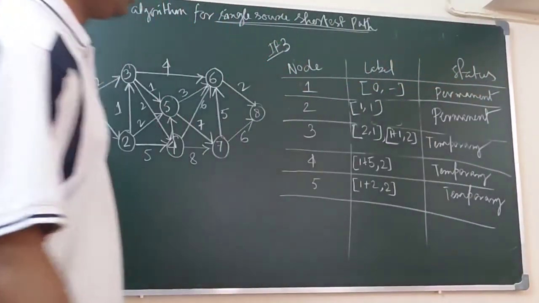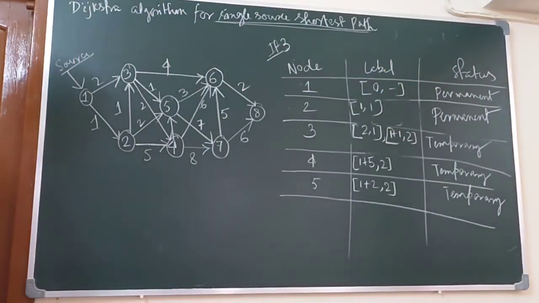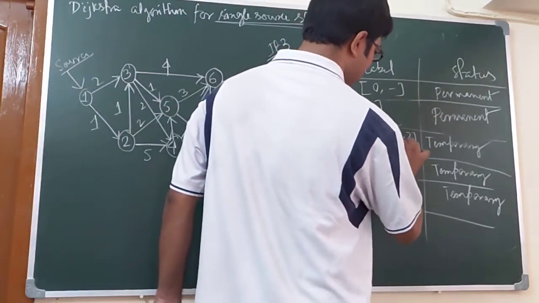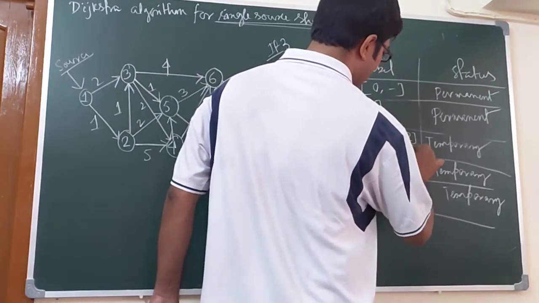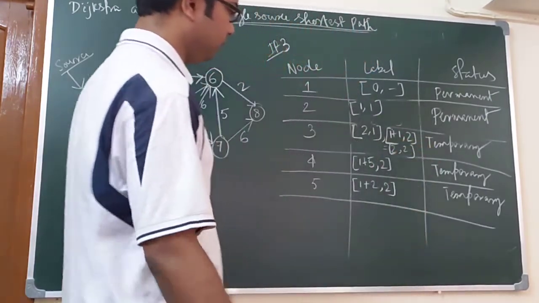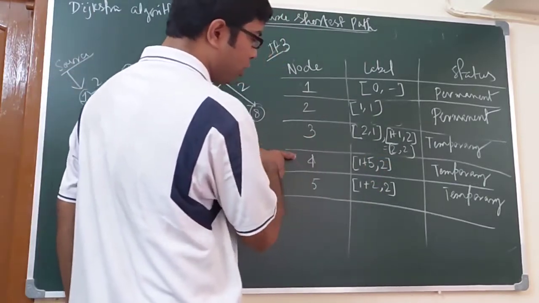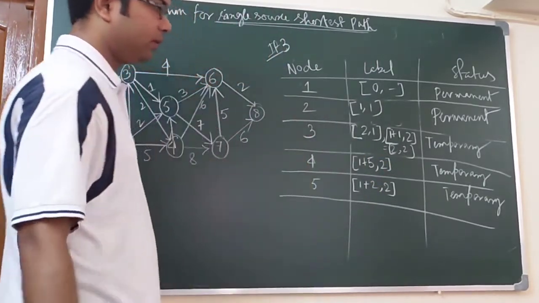Okay. So this is the scenario after iteration 3. Here, 1 plus 1, that is 2, 2. But here there are 3 temporary nodes, node 3, node 4, node 5.